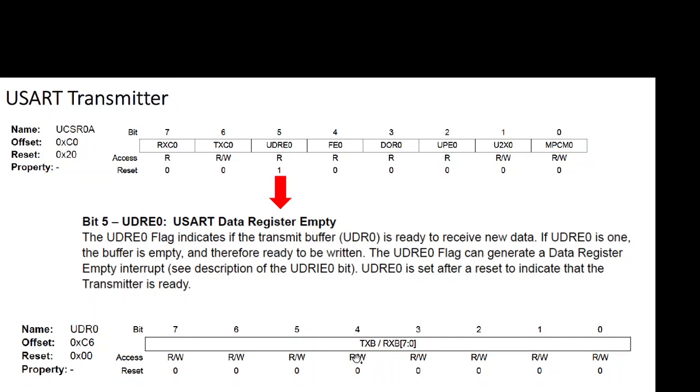So we have to wait until this bit becomes 1, and only when it becomes 1 do we set data here such that this will push it out. Once this pushes it out and becomes free, this bit will become 1. So in that case we have to check this bit and set our transmit bits to this register. So that is how we are going to do this.